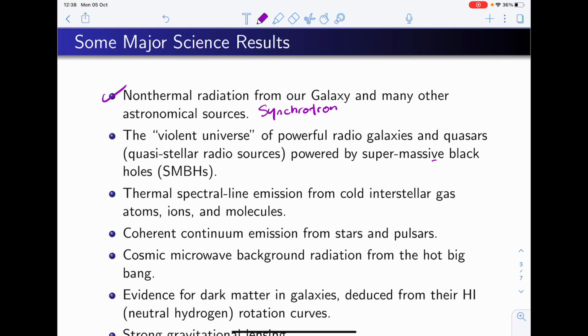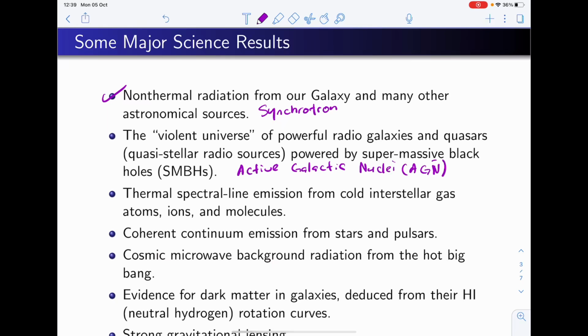You also have AGN, this violent universe, this powerful force of radio galaxies powered by black holes, called AGN, or active galactic nuclei.